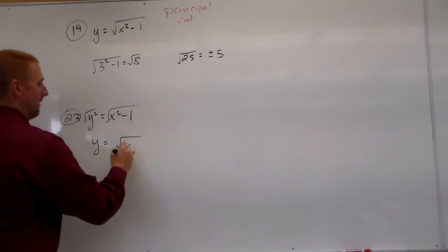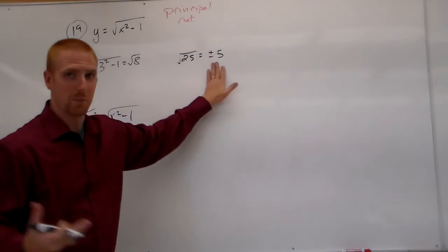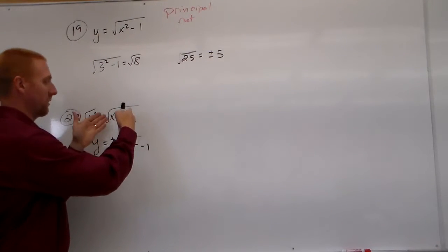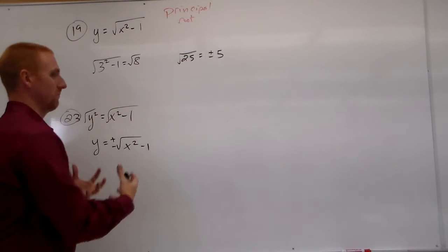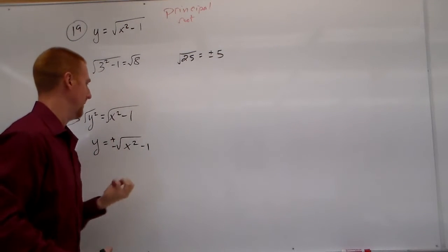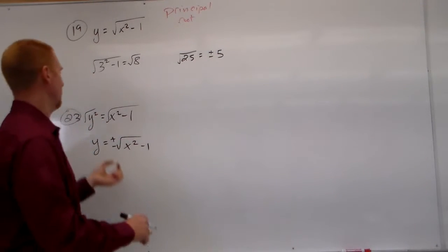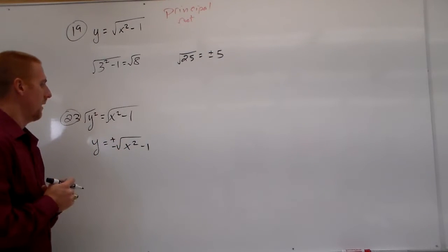But don't forget, when we take a square root, it could be positive, it could be negative. Because this stuff here squared, if it was negative and you squared it, it would be the positive version. It probably makes more sense with a number than it does with all this stuff in it. But anytime you take a square root, this is the bottom line, it's plus or minus. You've got to put that plus or minus there.